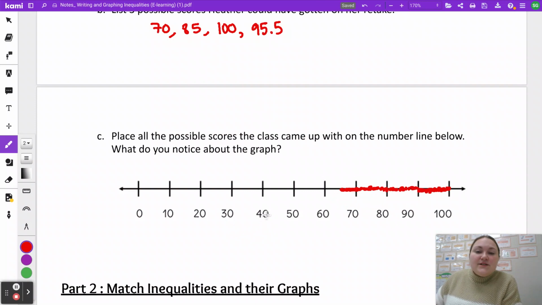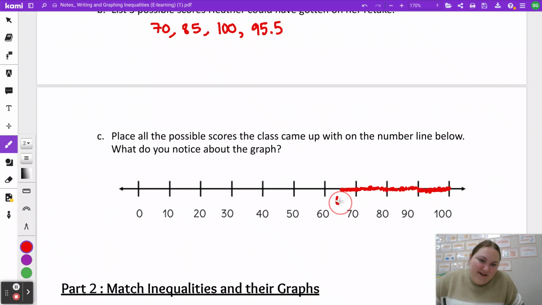When it comes to graphing inequalities on a number line, you are not going to be putting a bunch of different points. What we do, though, is we color in or shade part of the number line that includes the numbers we're talking about. All of these different possibilities that we're listing are all numbers greater than 65, right?